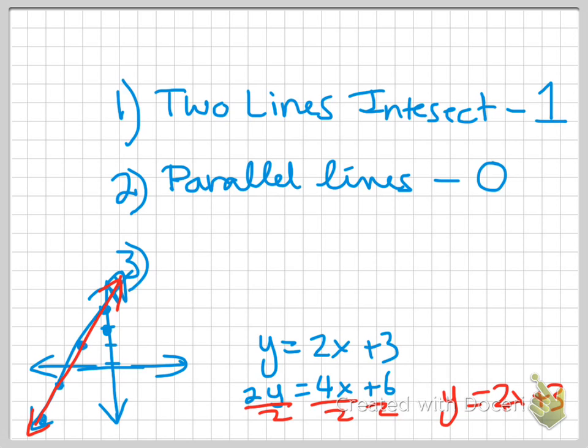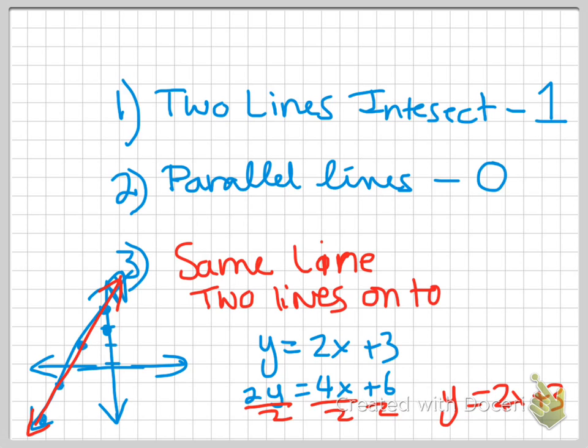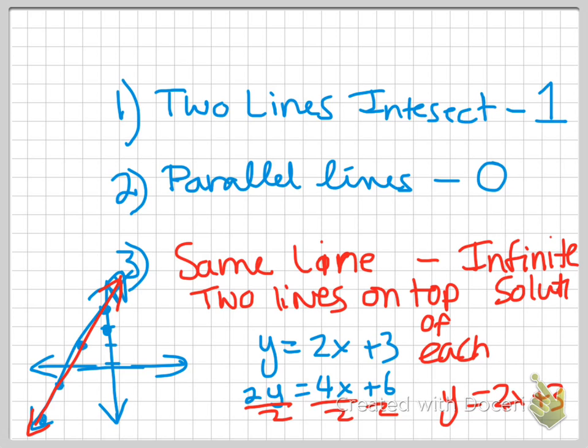Infinite. So this is the same line, or 2 lines on top of each other. This is infinite. Okay, questions? All right, let's try one more.